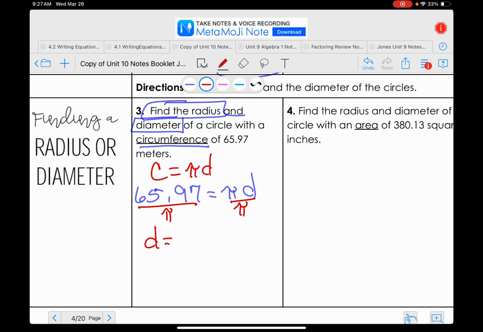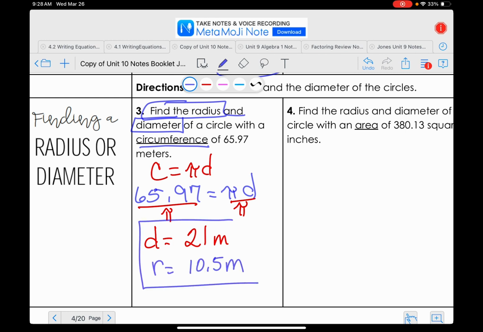If you divide 65.97 by pi, it is about 21 meters. So what would the radius be? It'd be half of that, 10.5.